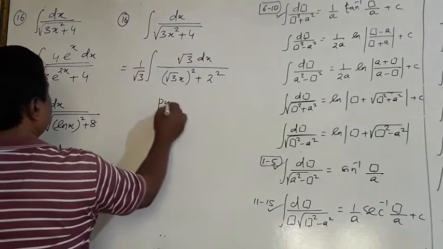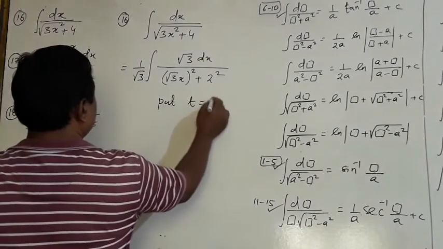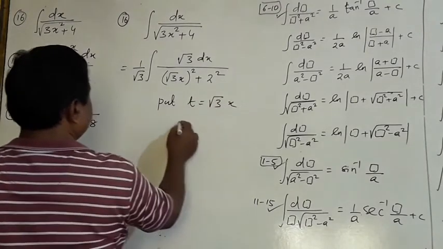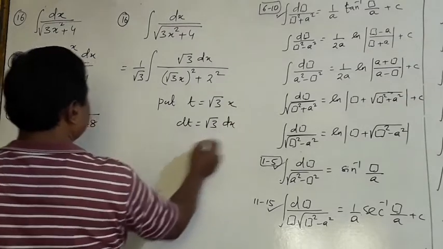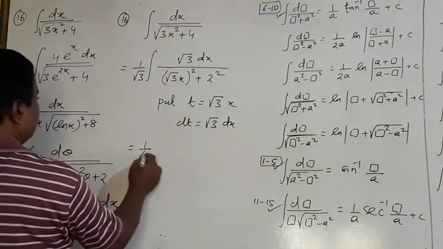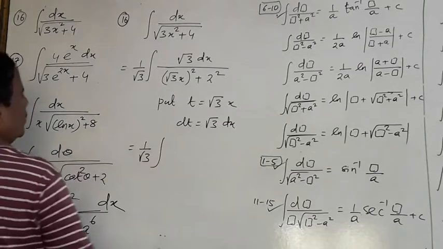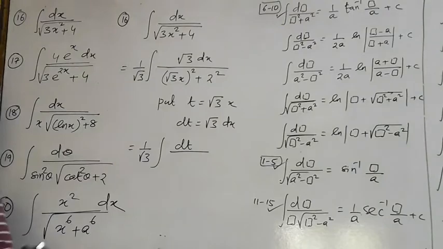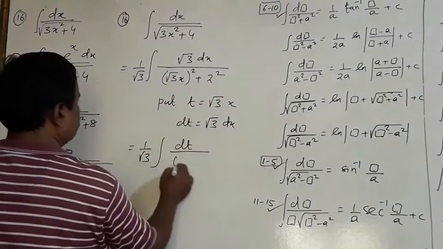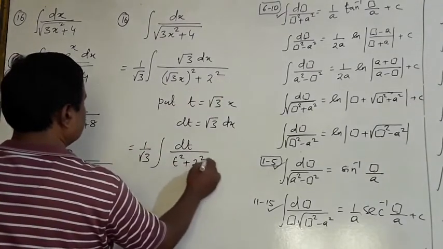Now put t is equal to root 3x, dt is equal to root 3 dx. It is 1 by root 3 integration of dt by root over t square plus 2 square.